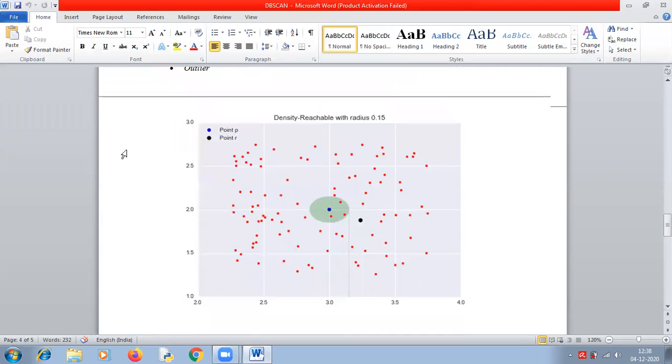So first, let's understand core points. Core points are the foundations for our clusters and are based on the density approximation. We use the same radius to compute the neighborhood for each point, so the volume of all the neighborhoods is the same. However, the number of other points in each neighborhood is what differs. Recall that we can think of the number of data points in the neighborhood as its mass.